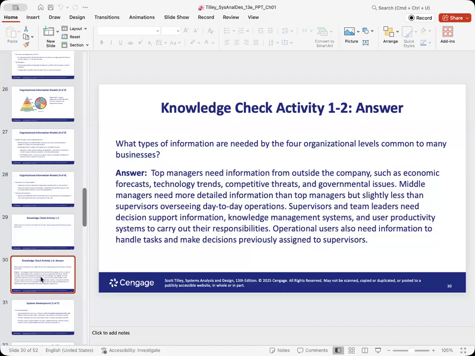You understand? So the top managers need information such as economic forecast, technology trends, competitive threats, and governmental issues, because whatever government policy is given, like recently, when the flood came and the government gave an instruction that if you are at home, stay home, don't go to work. Now, won't that affect an organization? It would. Why do you think it will affect an organization?